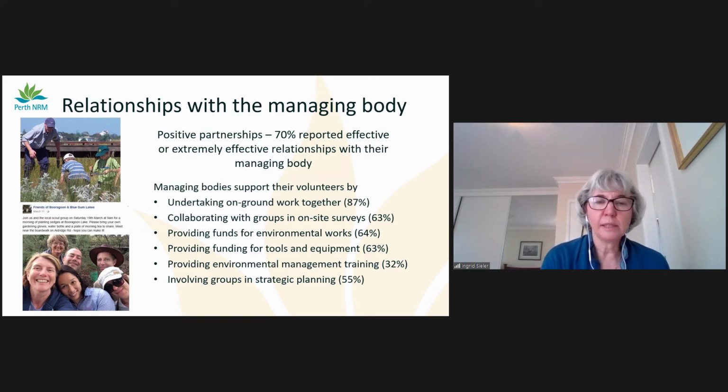These organisations often provide funds for the environmental works or the tools and equipment. In some instances, they provide environmental management and training, and about half of them involve the groups in strategic planning. There are just a couple of images here of different groups working in our wetland areas and along the coast doing planting and weeding and that sort of thing.